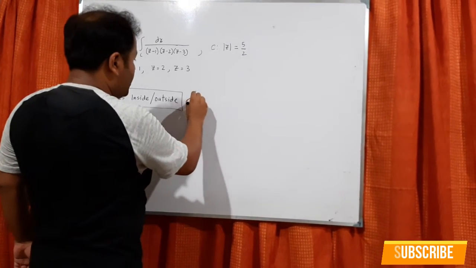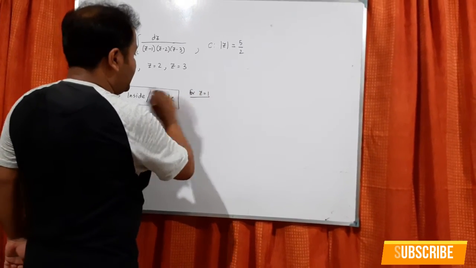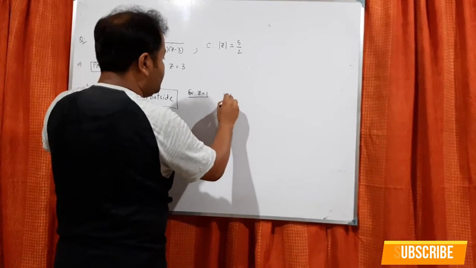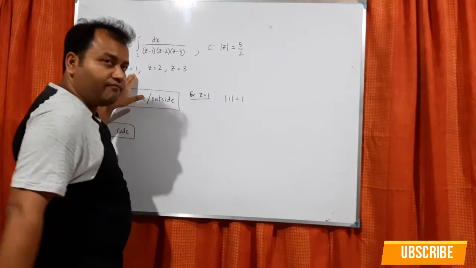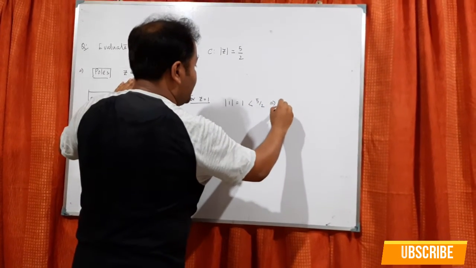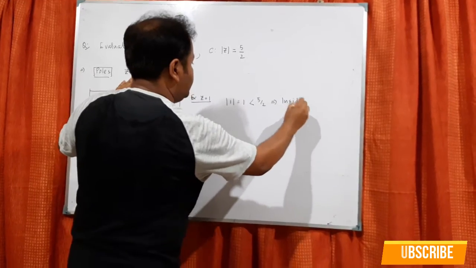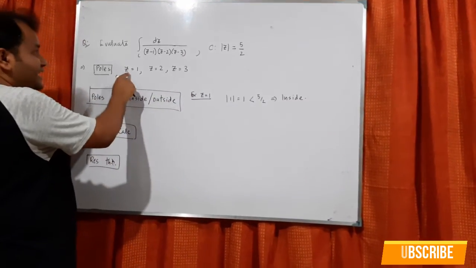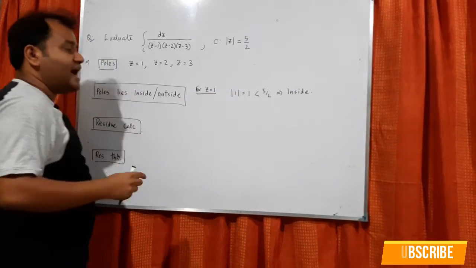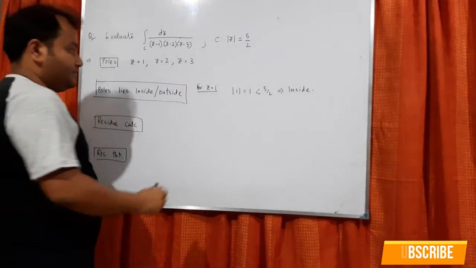This is very important. How can you check? Say for z equals 1, if you put this in the left hand side, this will be modulus of 1, that will be 1. It is less than 5 by 2, that means it lies inside. So you put the z value in the left hand side. If it is less than the right hand side, that means it will be inside.